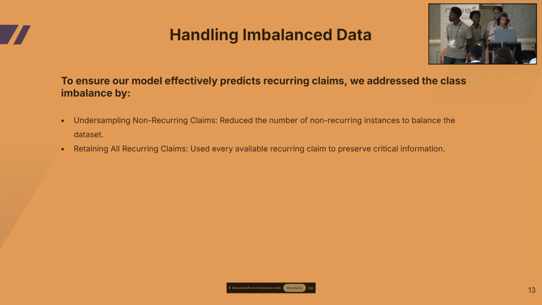So to handle this imbalanced data, we first undersampled our non-recurring claims, in which case we reduced the number of non-recurring instances to balance the data set. For recurring claims, we retained all of the instances to preserve critical information.